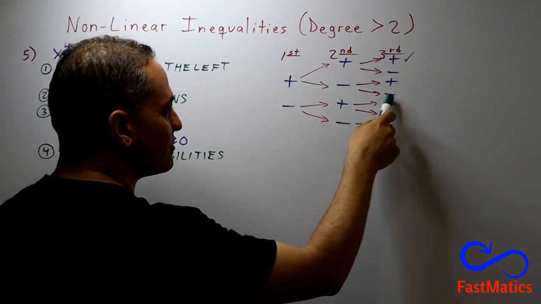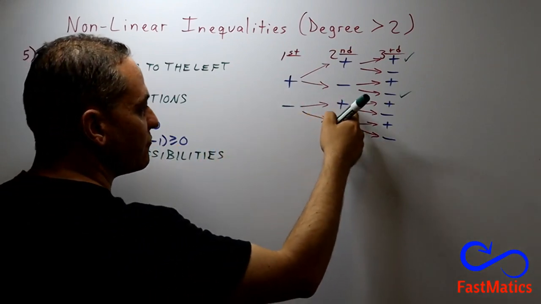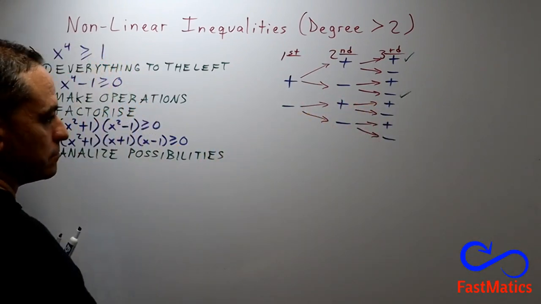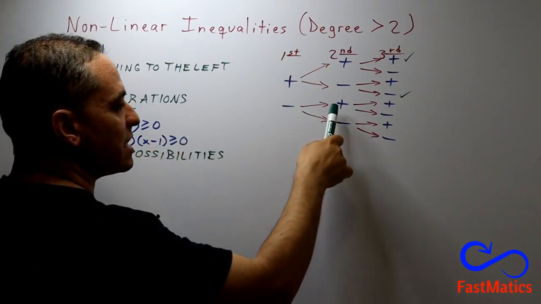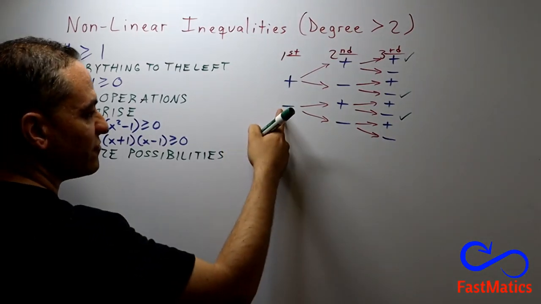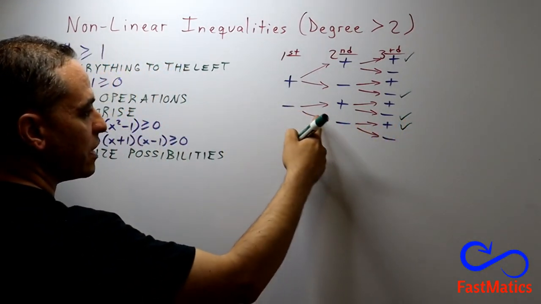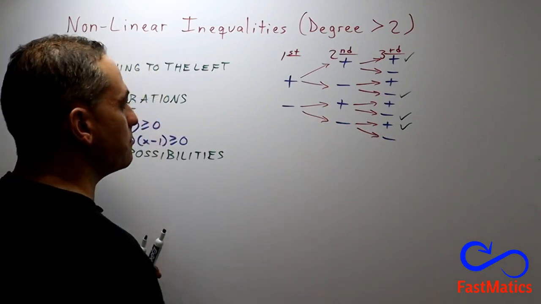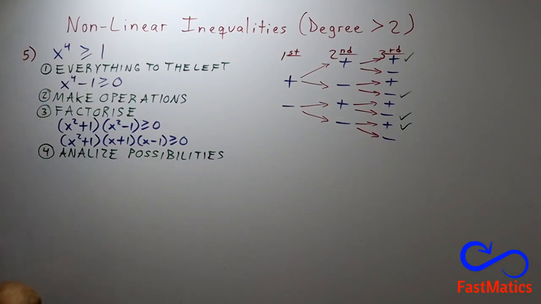Positive times negative is negative. Negative times positive is negative. Now the answer that I want: negative times negative is positive. Negative times positive is positive. Negative times negative is negative. So we have 4 useful possibilities.